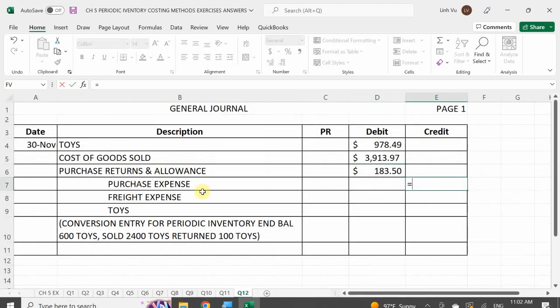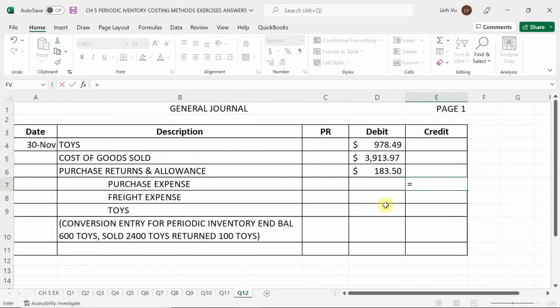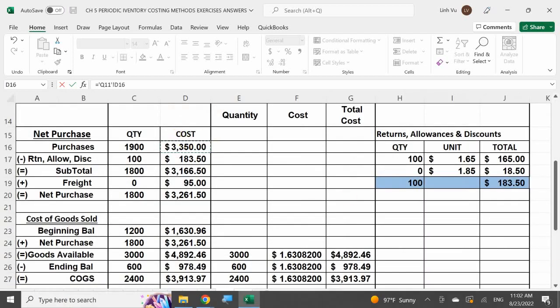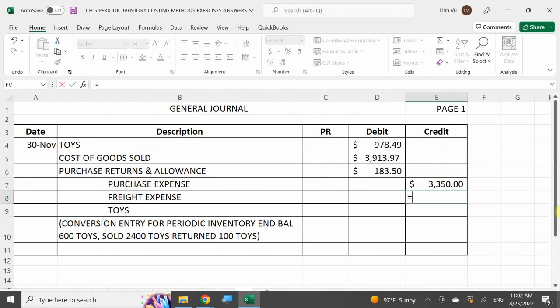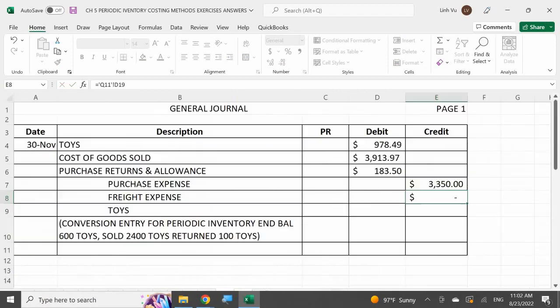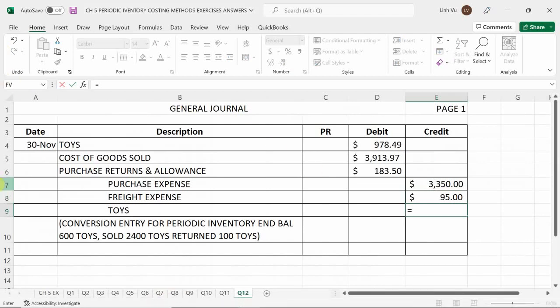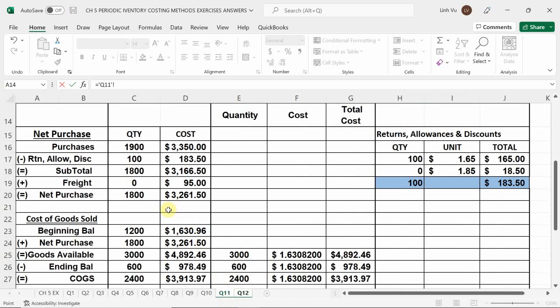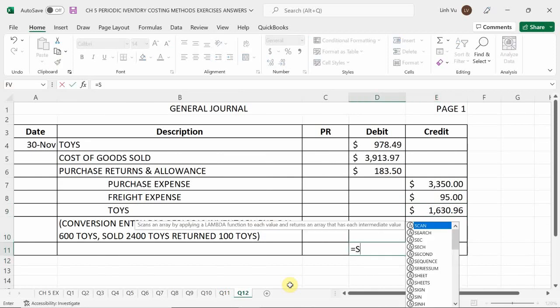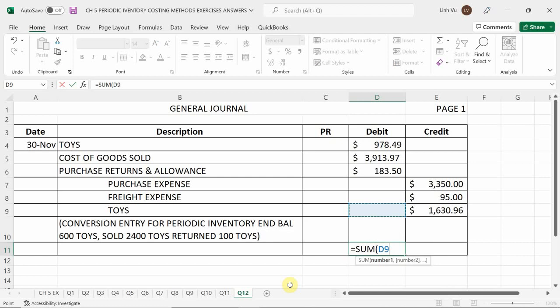What was the total value of your purchases? $3,350. Your freight? $95. And your beginning balance of inventory? $1,630. Right. And of course, last but not least, make sure that your journal debits and credits match.